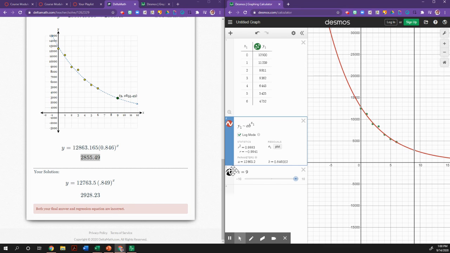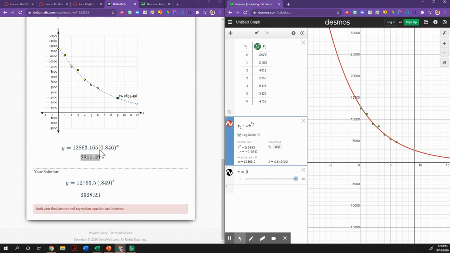We're dealing with a calculator limitation. Right here it says parameters might not be exact. See how the parameter here says 12863.2, and ours right here said 12863.165. That creates a difference in calculations.